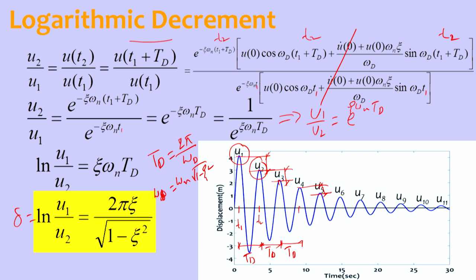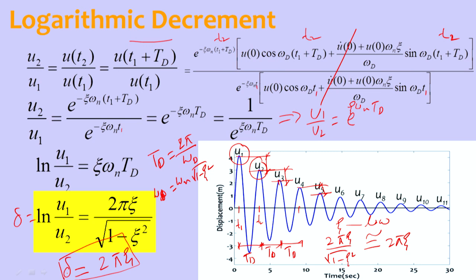And another thing we can notice from this is, for lower levels of damping, if the zeta value is low, then 2 pi zeta by under root 1 minus zeta square is approximately equal to 2 pi zeta. So we can directly use delta is equal to 2 pi zeta, where zeta is the ratio of percentage critical damping.